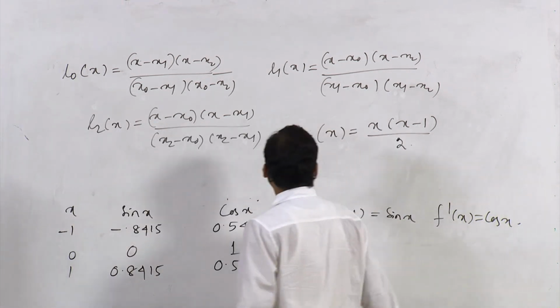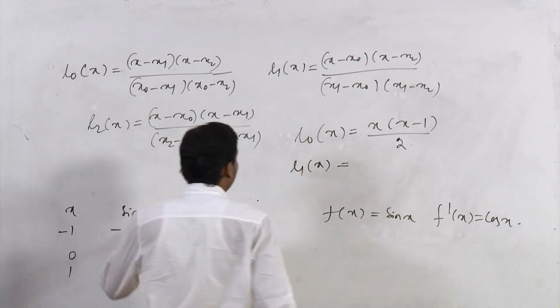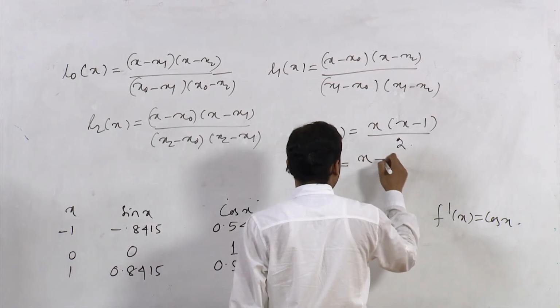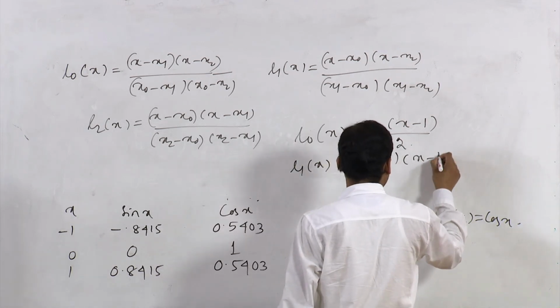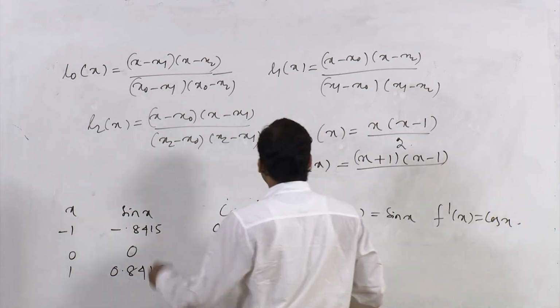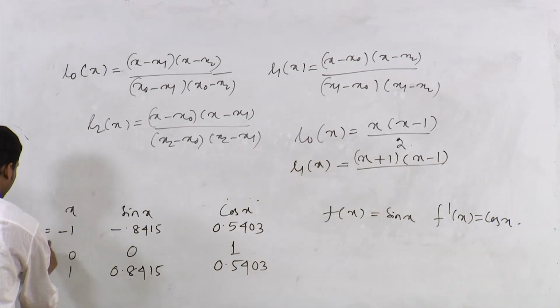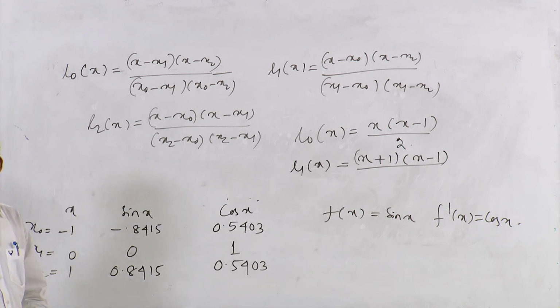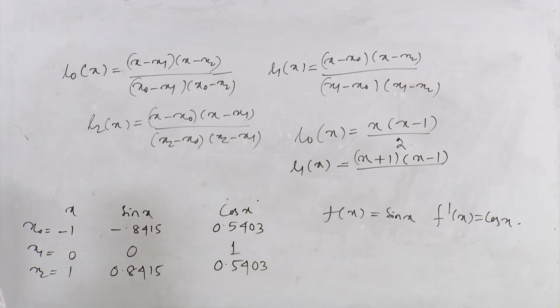Similarly L1 of x is x plus 1 into x minus 1 divided by, with x0, x1, x2 as these values, so minus of x plus 1 into x minus 1 divided by 1.